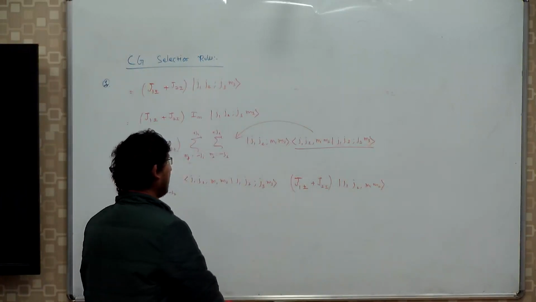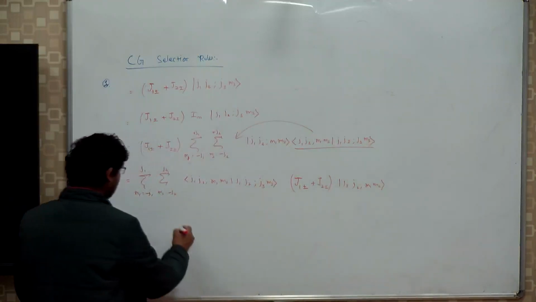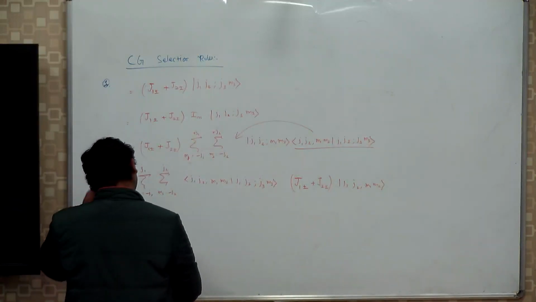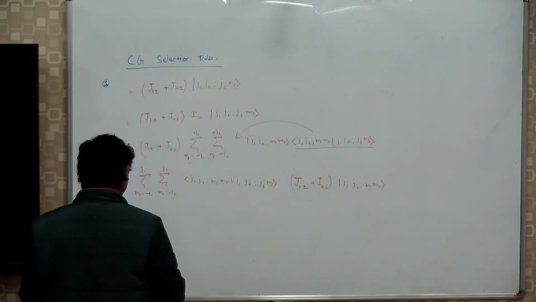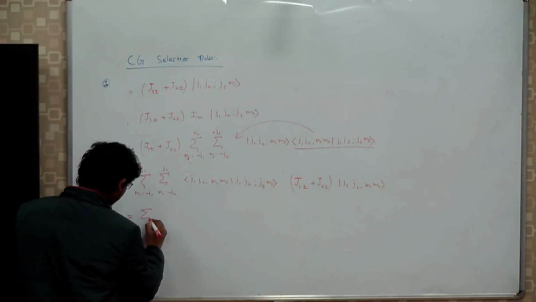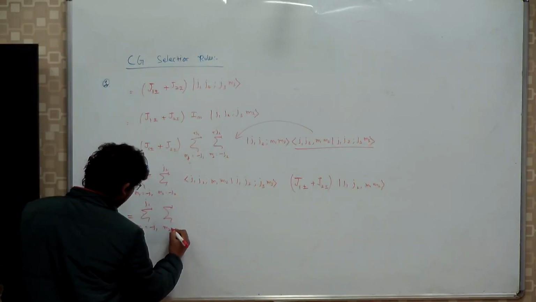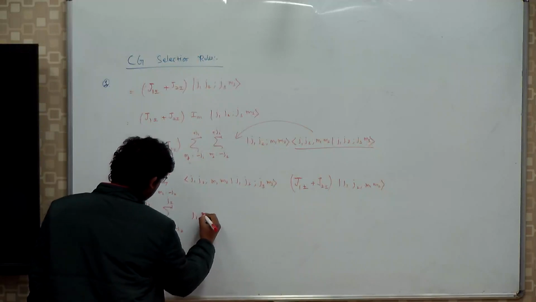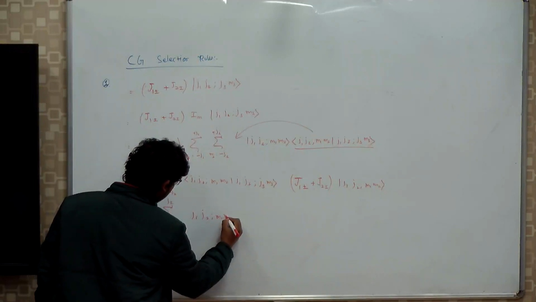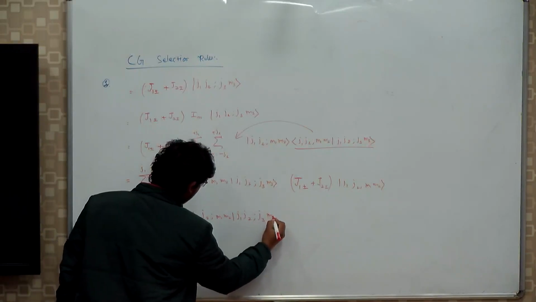Now this operator can actually act on this state, then you keep it out here. Sum over m1 equal to minus j1 to j1, and again sum over m2 equal to minus j2 to j2, then j1 j2 m1 m2 j1 j2 j3 m3.